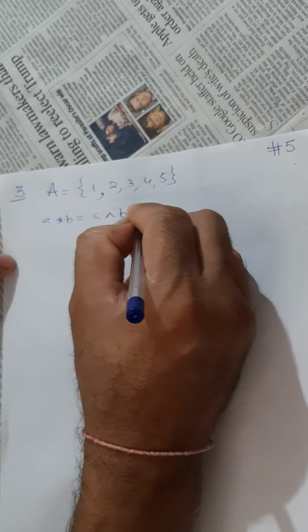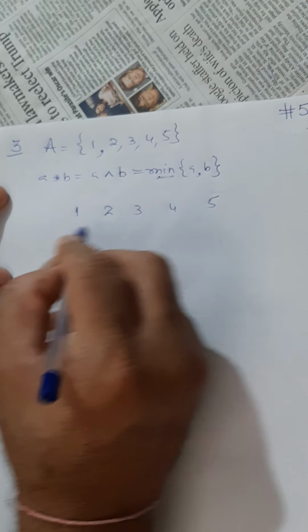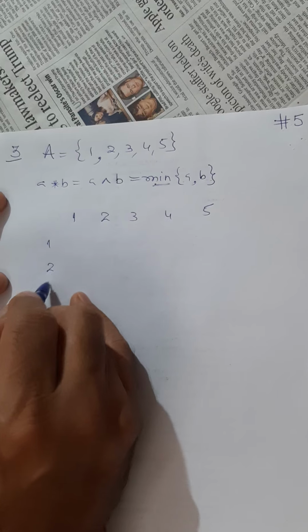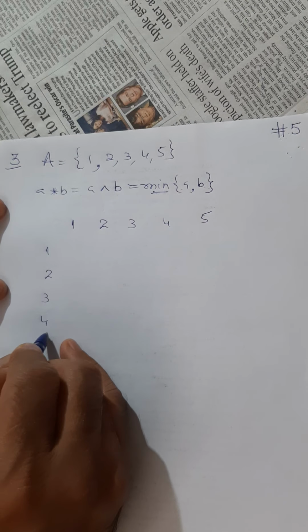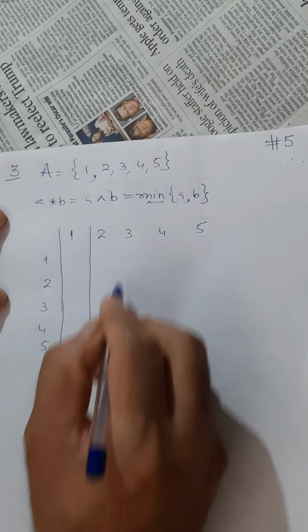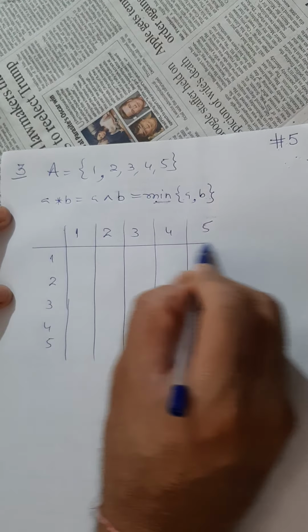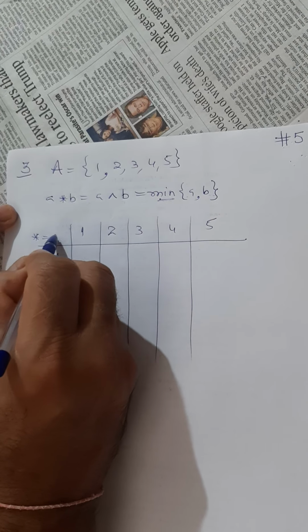Now we are going to prepare the table here. Rows 1, 2, 3, 4, 5, and column-wise 1, 2, 3, 4, 5. Here the operation asterisk equals minimum.